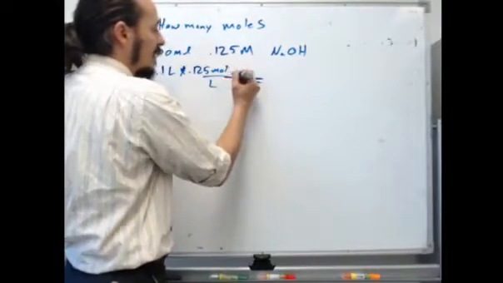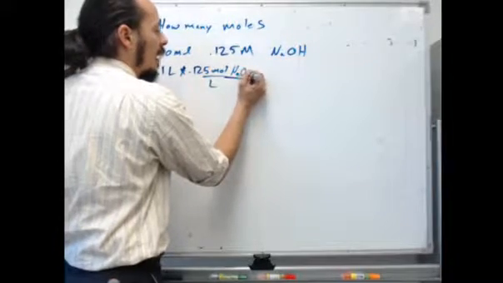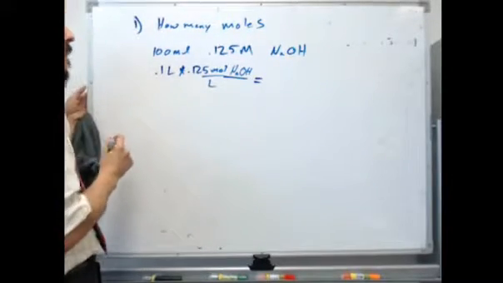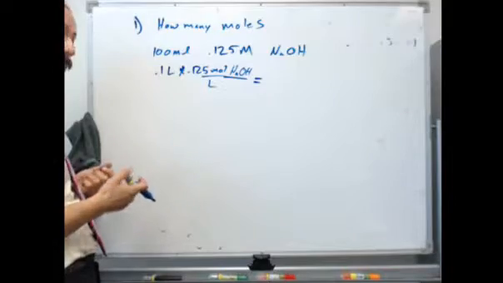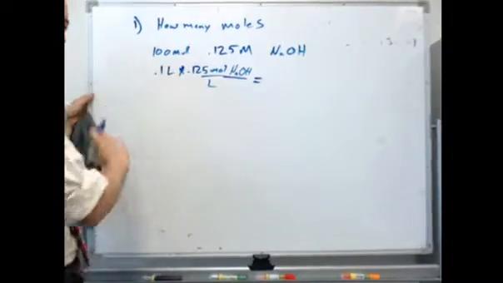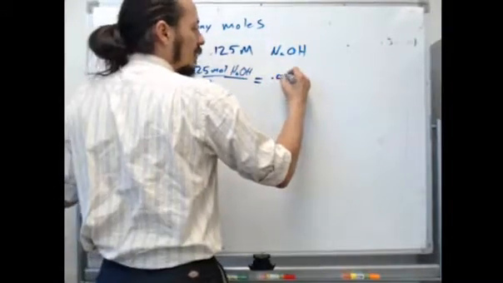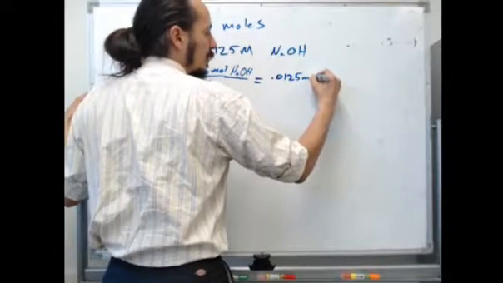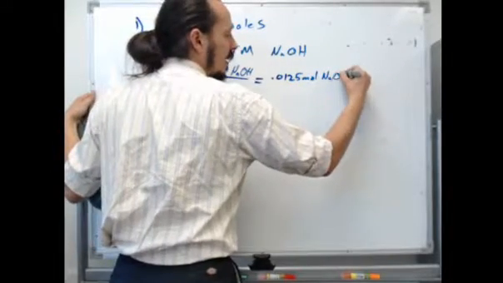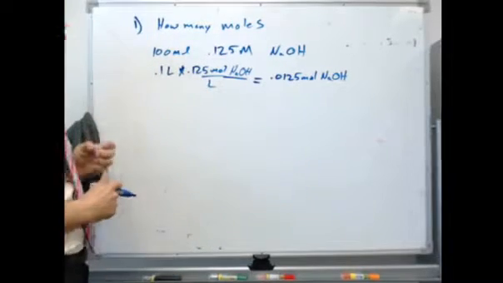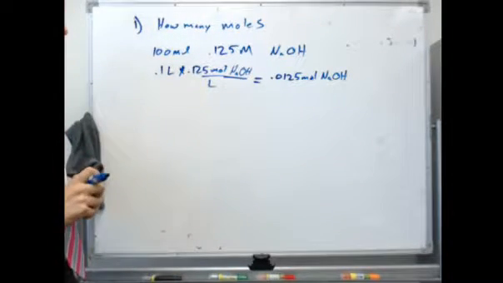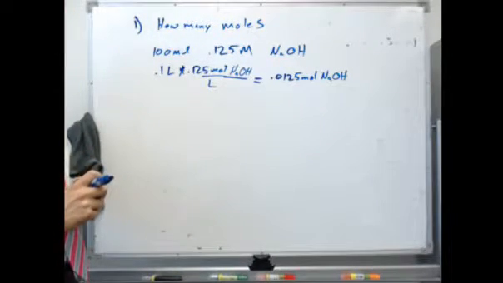I should be specific: this is moles of NaOH per liter. Whenever we say moles, that's just a counting number, so we need to be specific. I can do this math in my head: 0.0125 moles NaOH. The other thing we have to realize is how many sodiums for every sodium hydroxide? 1.